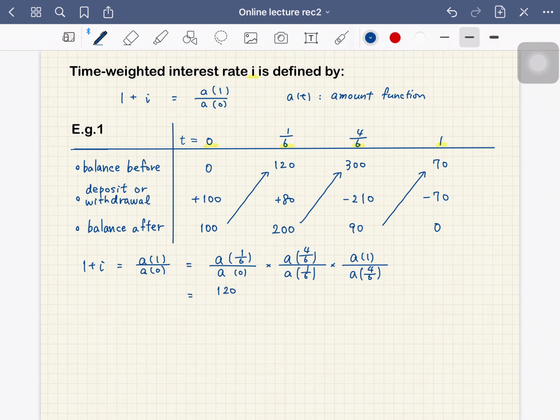120 over 100, that is this number over this number, times 300 over 200, times 70 over 90.